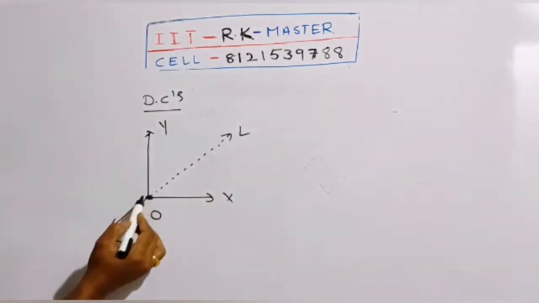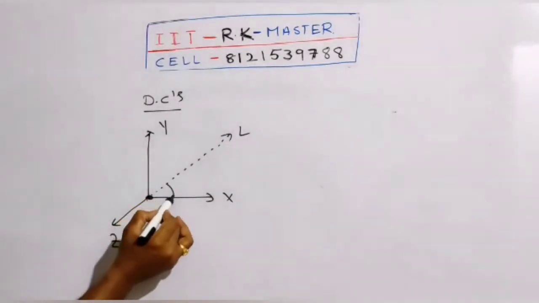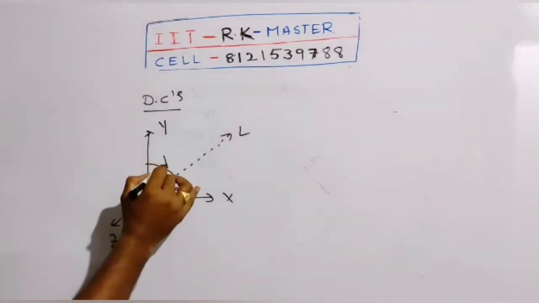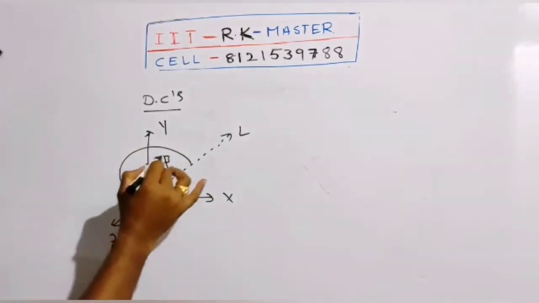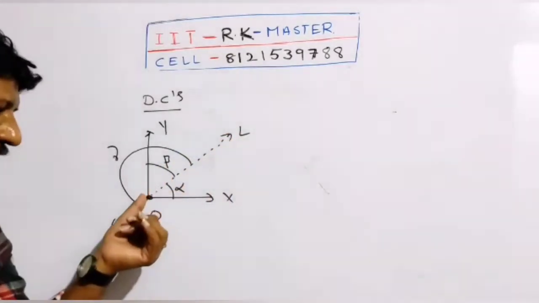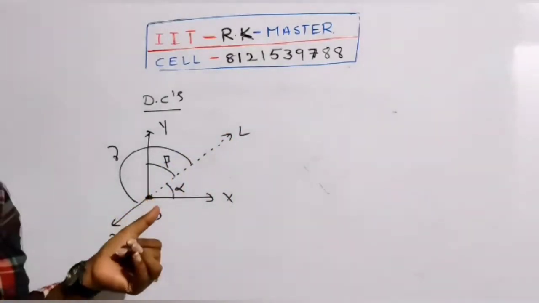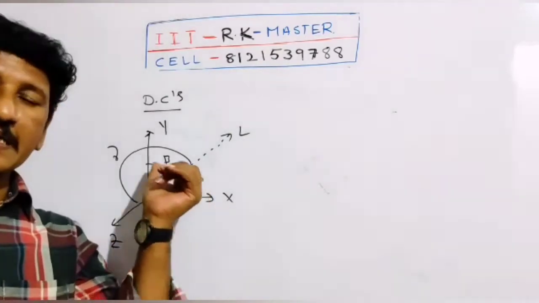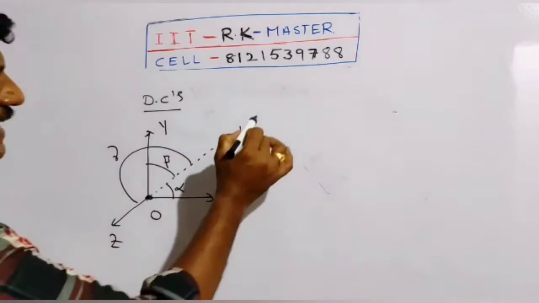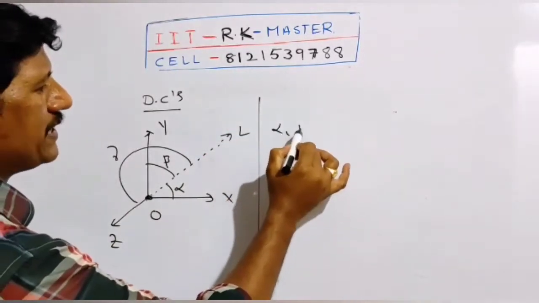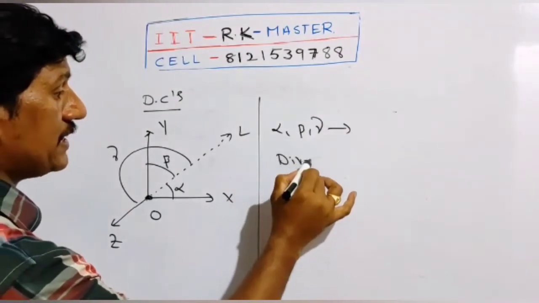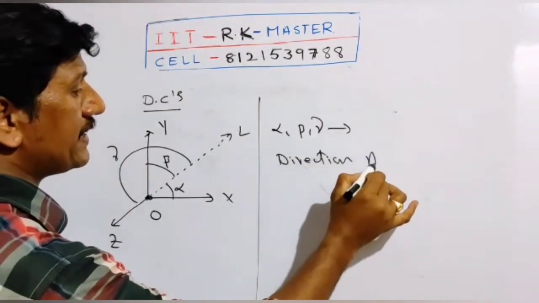This line is passing through the origin and making angle alpha with the x-axis, beta with the y-axis and gamma with the z-axis. If the line is passing through the origin and making angles alpha, beta, gamma with the x, y, z axes respectively, then the angles alpha, beta, gamma are called direction angles.